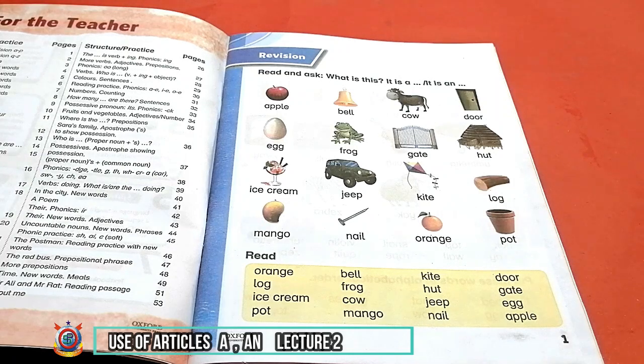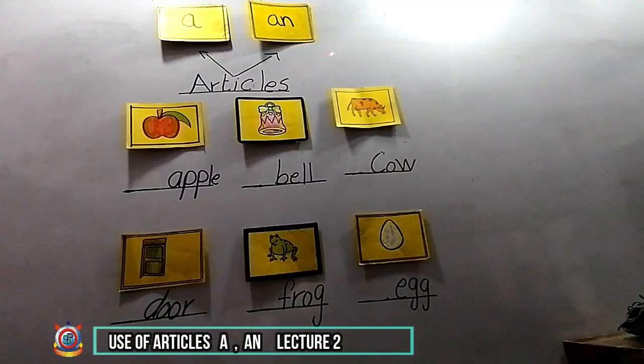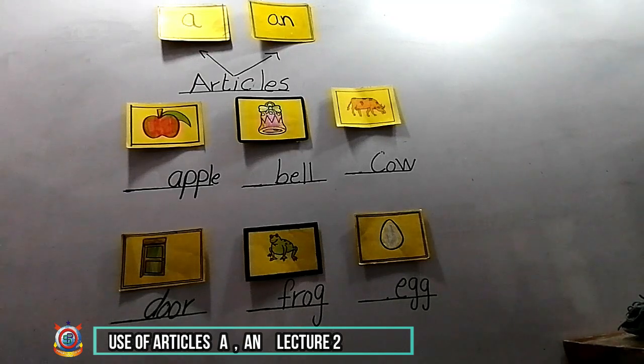So first, we start our lesson. I will first tell you about the a and an family. Now look here. This is a and this is an. What are they called? They are called articles.